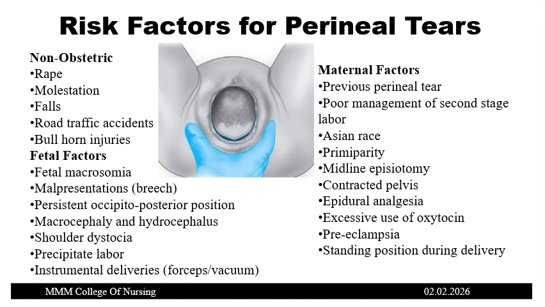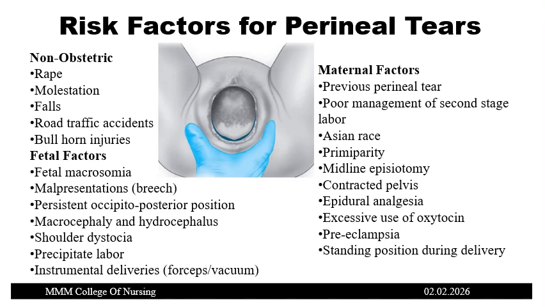Instrumental delivery in the sense of outlet forceps, mid forceps, low forceps, or any vacuum delivery. So all that requires handling of the perineum. Perineum is already soft during the labor, but if you introduce more and more instruments, it's going to cause definitely injury to the rectovaginal mucosa.